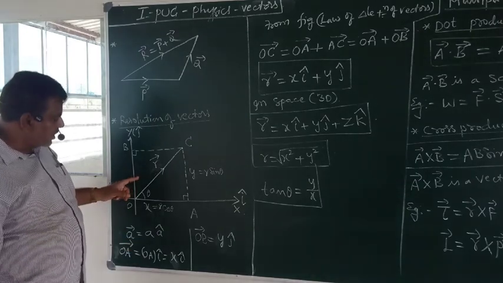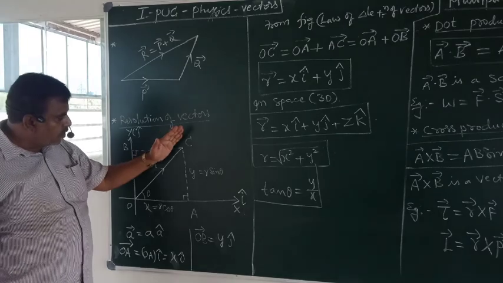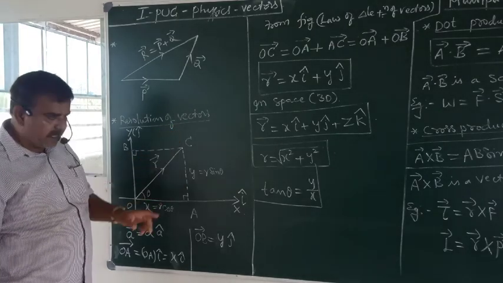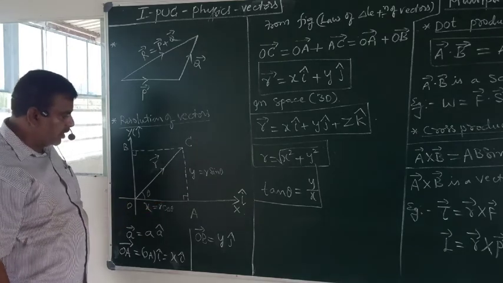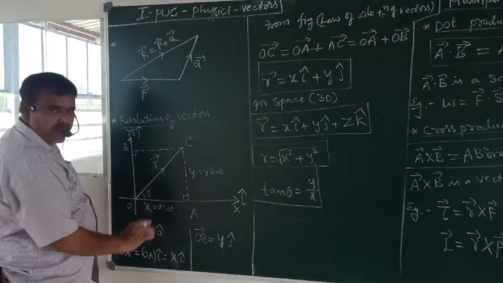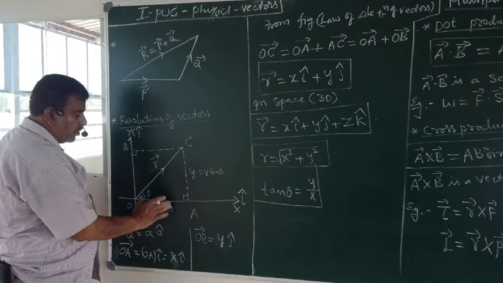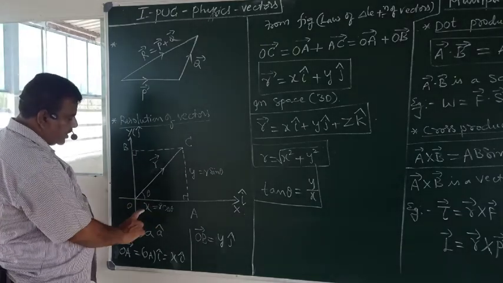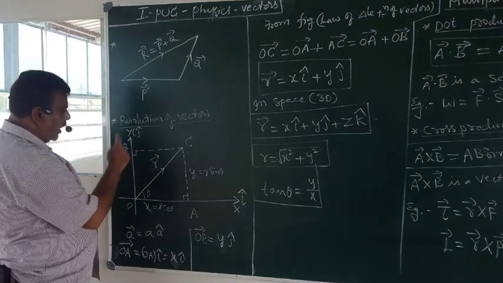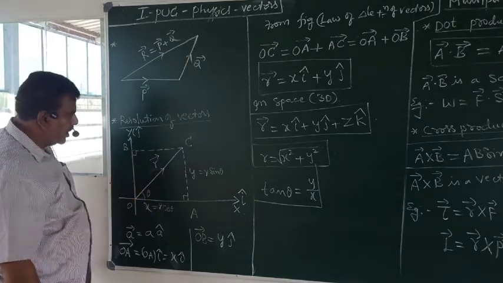The component is given by the projection of the vector along this direction. If I drop a perpendicular from the initial and final points, this is called the projection that gives the component. Along the x direction, it is called the x component. Along the y direction, it is called the y component.